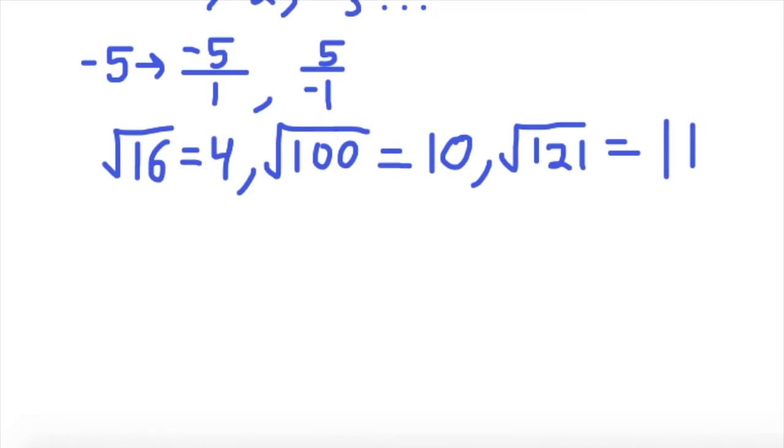Also, any decimal that is finite. Finite means that it comes to an end. Any decimal that is finite is a rational number.